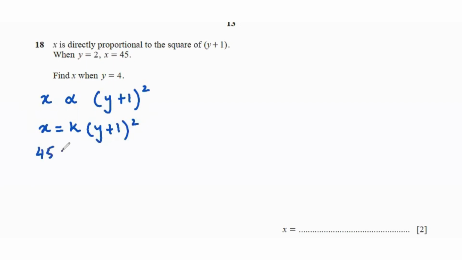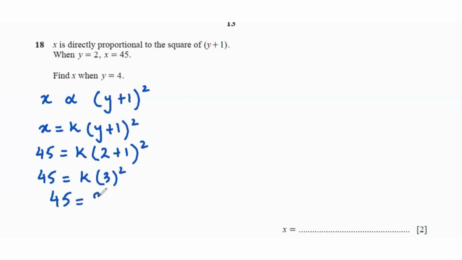X is 45, y is 2. As you can see, we have one unknown now, which is k, and we're trying to find its value. 45 equals k times 3 squared, which is 9. So 45 divided by 9, and k is 5.